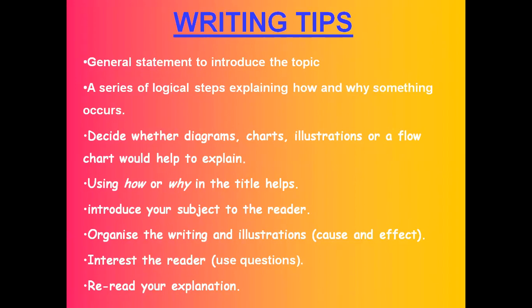Then a series of logical steps explaining how and why something occurs or happens. So you need to arrange your steps and explain them in a sequence. Number 3, decide whether diagrams, charts, illustrations, or a flow chart would help to explain it. You can use one of these to help you explain.